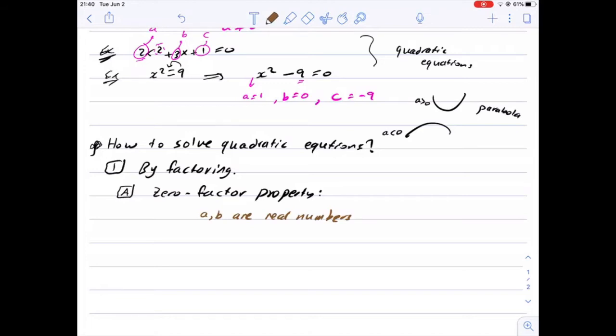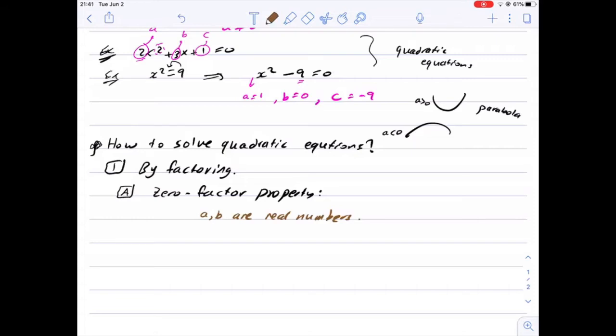Pi is a real number. So any number that you can imagine is called a real number. There is another set of numbers called complex numbers, but we don't study it in this course.